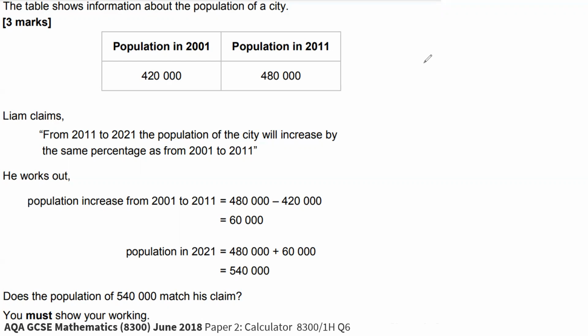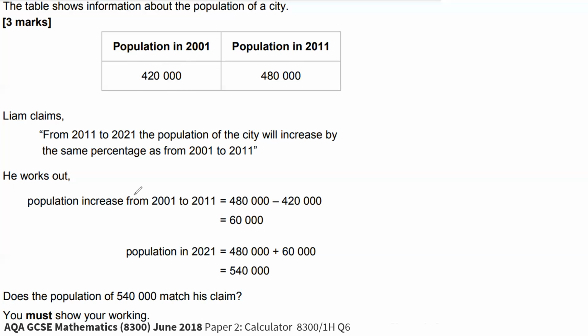So if we look at the information that we've been given, there is quite a lot of information. We've been given the population in 2001 as 420,000 and the population in 2011 of 480,000. And it says that from 2011 to 2021, the population of the city will increase by the same percentage as from 2001 to 2011.